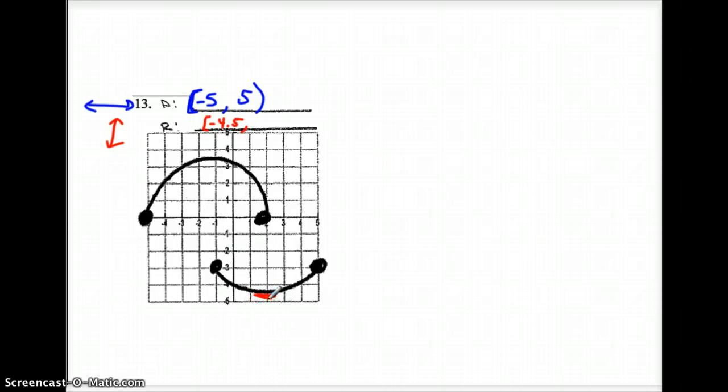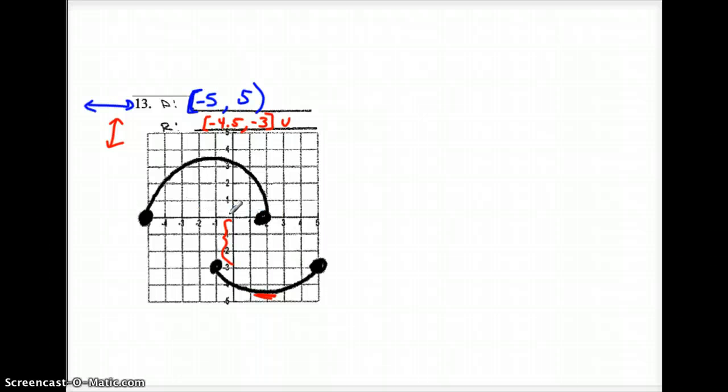And then I'm moving up, there's a place for me to go, but between 0 and -3 there's nowhere for me to go as I'm moving up. So I've got to show a jump in the notation for the range. -3 with a bracket is where I stop. -4.5 to -3.